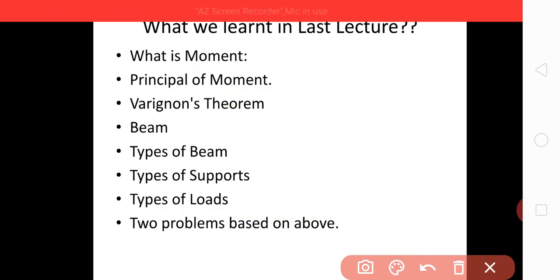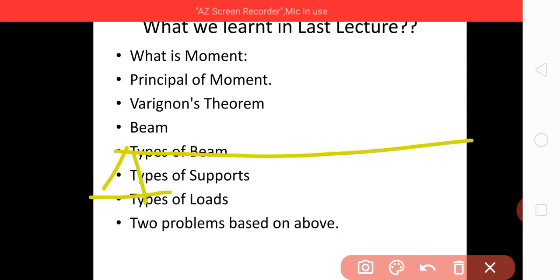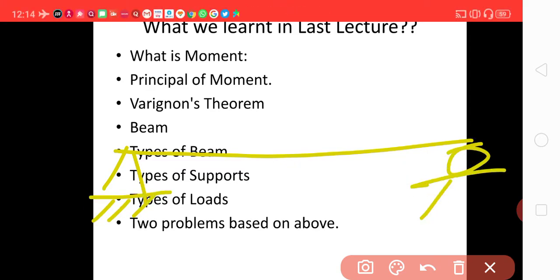Then we discussed the types of loads. Any type of loading, when analyzed closely, can be distinguished into three types. This is the beam here, hinged at one end and given a roller support at the other end.